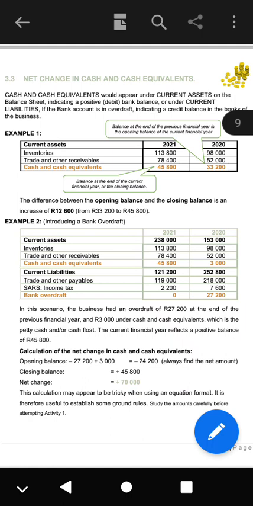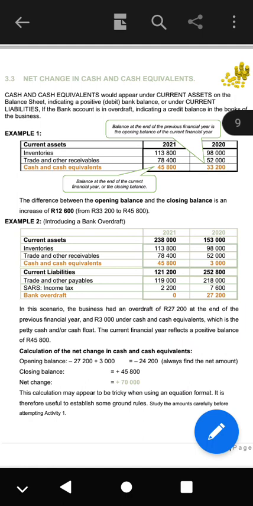In this scenario, if you look at the cash and cash equivalents, the opening balance from 2020 is 3,000. 3,000 is simply indicating an amount for petty cash or cash float. If you see that there's a small amount like that, it's most likely that there is a bank overdraft. If you go under the current liabilities there, you see there's a bank overdraft of 27,200. So that is our opening balance.